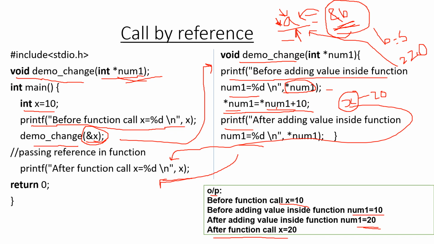Second difference was the updation of value. Here the value of x doesn't only stay inside the demo change function, but it stays in the whole domain. Whenever I call, the formal parameter and actual parameter both are stored in the same memory location, and that's why updation in one value is reflected in the other.